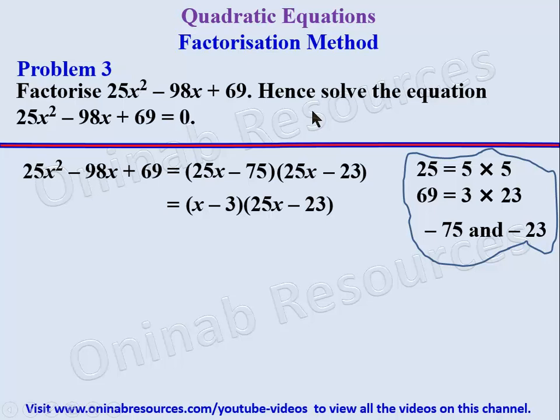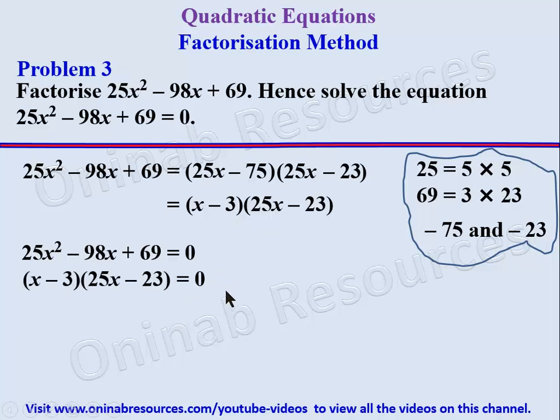So we go to the second part of the problem. We have to solve the equation 25x squared minus 98x plus 69. So we have the equation here, and the left hand side is the same thing as the expression given to us, which has factors x minus 3 and 25x minus 23 equal to 0.